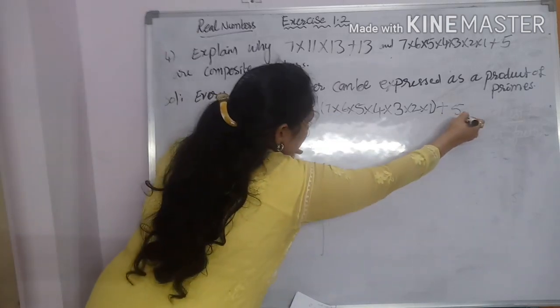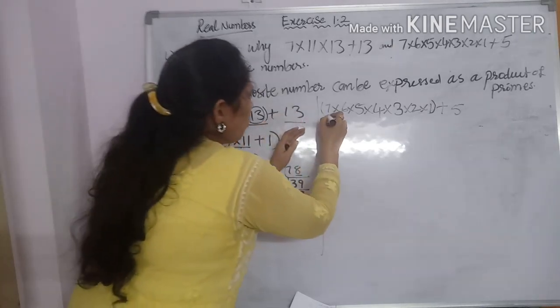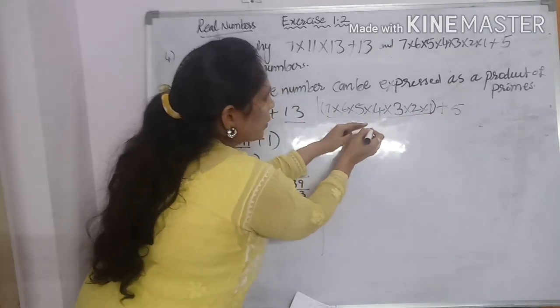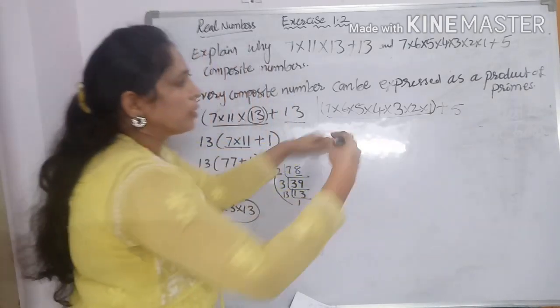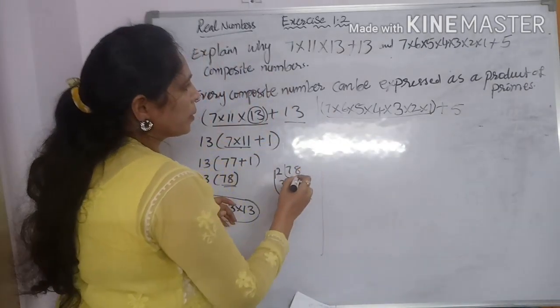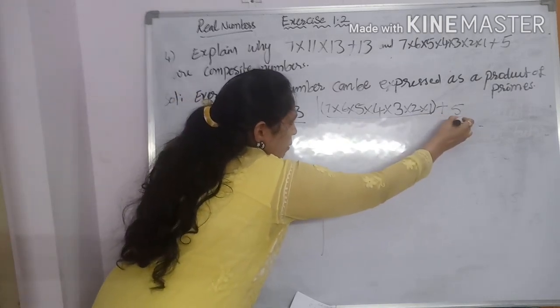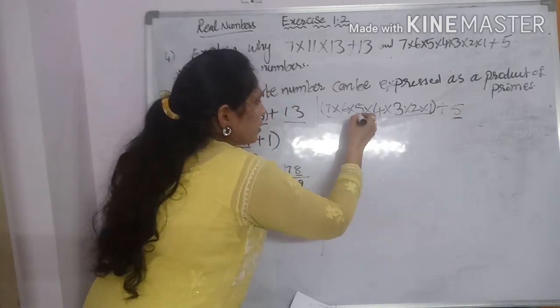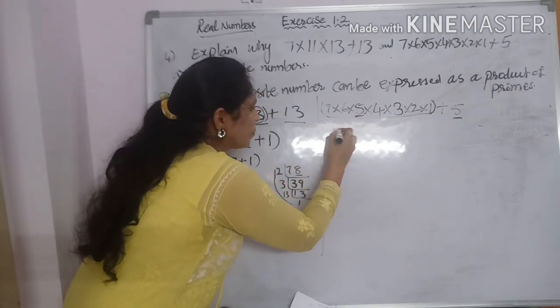Another term is there. There are two terms. The whole thing you take as one term, and this is the second term. In this, which one is common? 5 is in this and 5 is in this also. Let us take 5 as common.